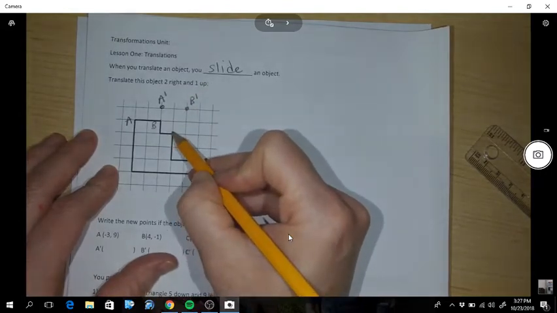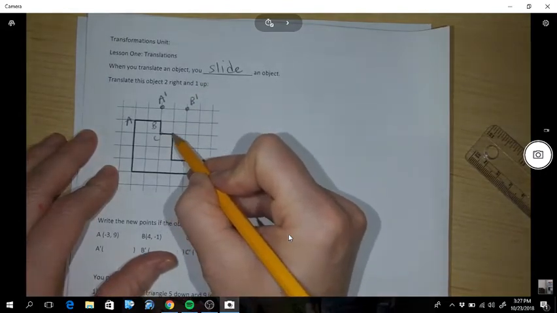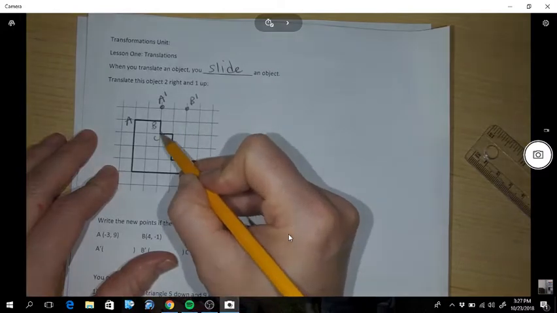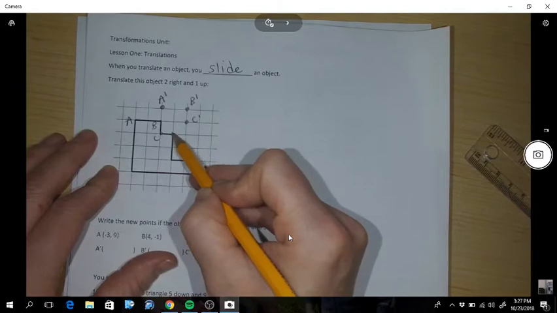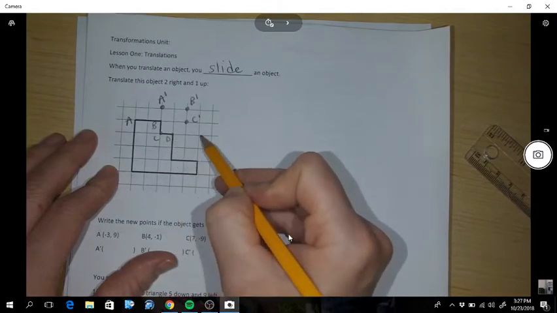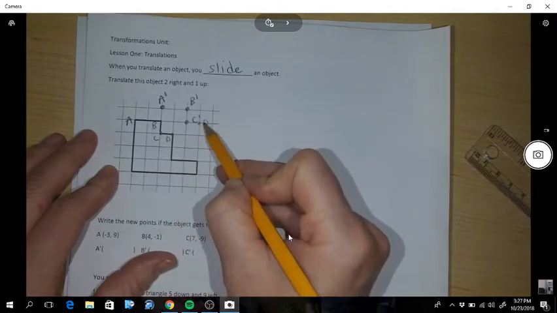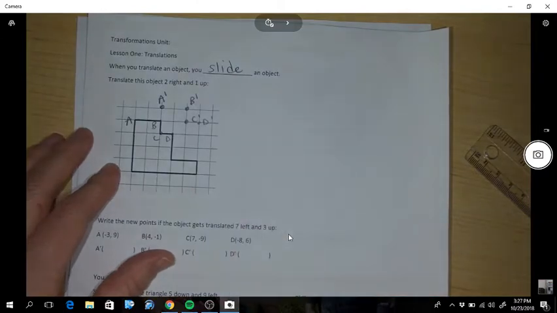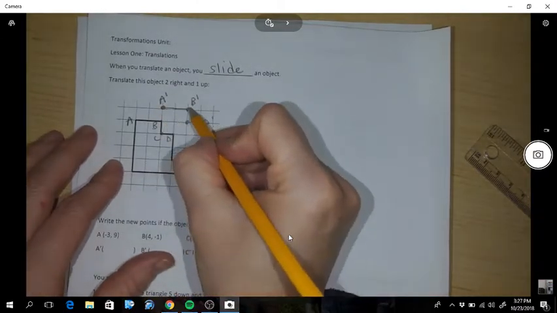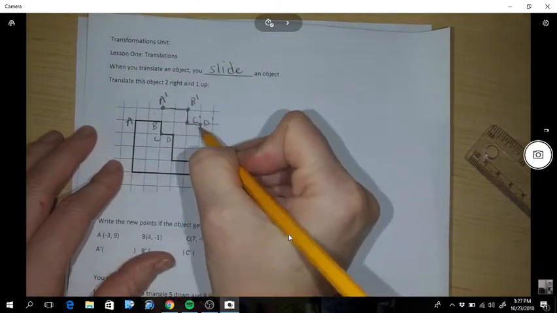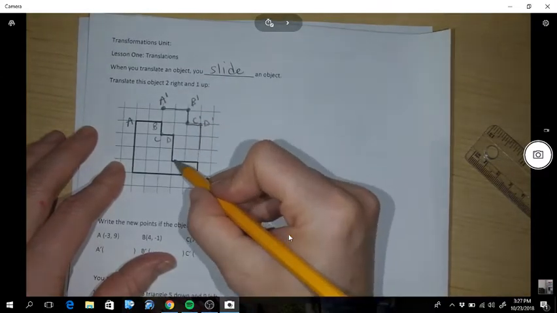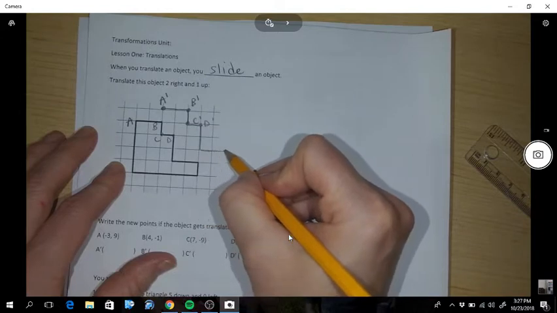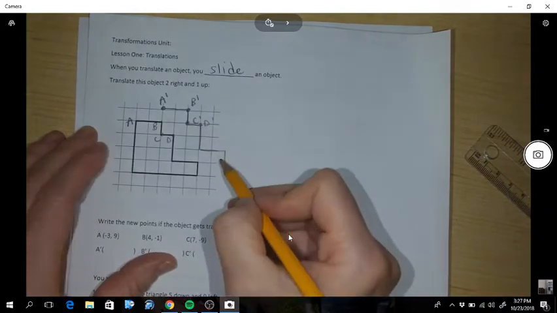Let's call this C. So 1, 2, 1 up, C prime, and D, so 1, 2, 1 up. It's starting to look like this, and now I'm going to go there, and then I go 1, 2, 1.